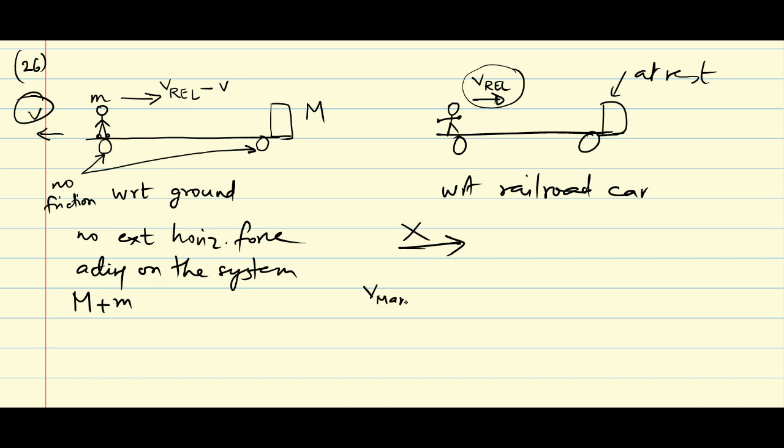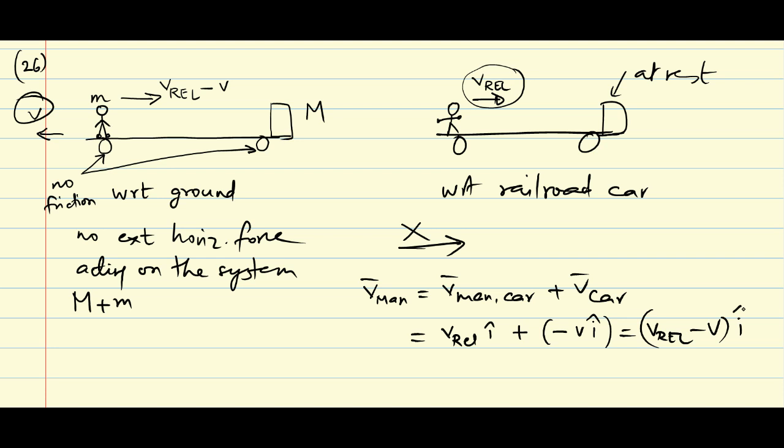V man with respect to ground must be v bar man with respect to the railroad car plus velocity of the railroad car, and v man with respect to car is v relative times i cap, that you can get from the right hand side diagram, plus the velocity of the car is minus v times i cap because it's leftward, so this turns out to be v relative minus v times i cap. So v relative minus v in the rightward direction. That's another way to get this particular velocity.